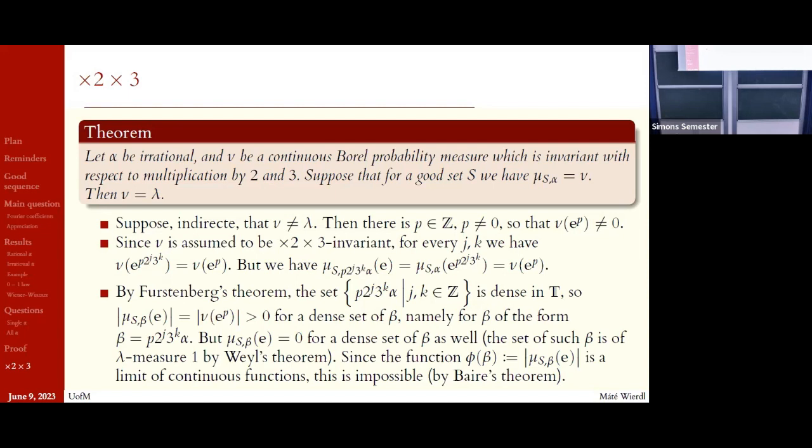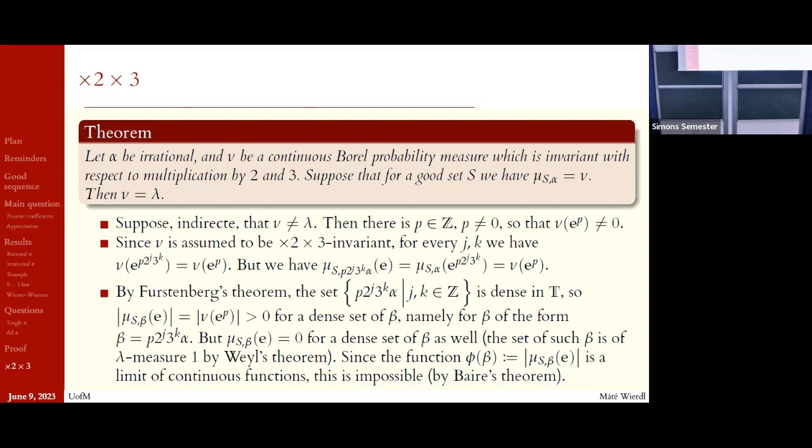By Fürstenberg's theorem, because he has a related theorem to all this, we know that the set p times 2 to the j 3 to the k alpha, where j and k run through all the integers, is dense in the torus.